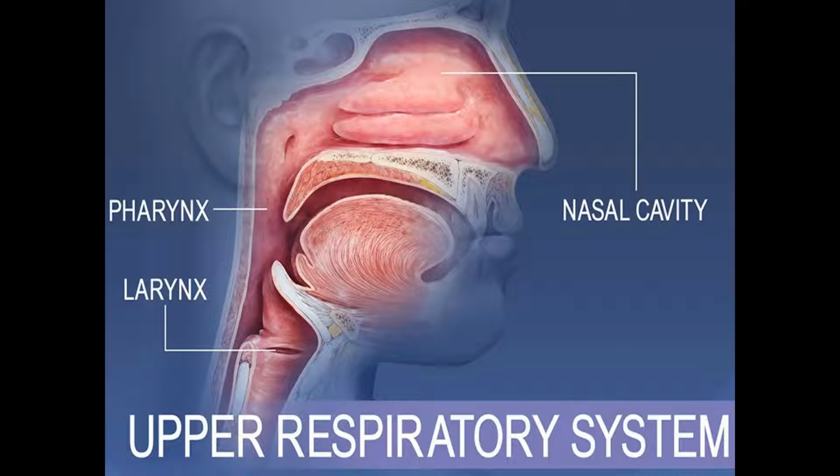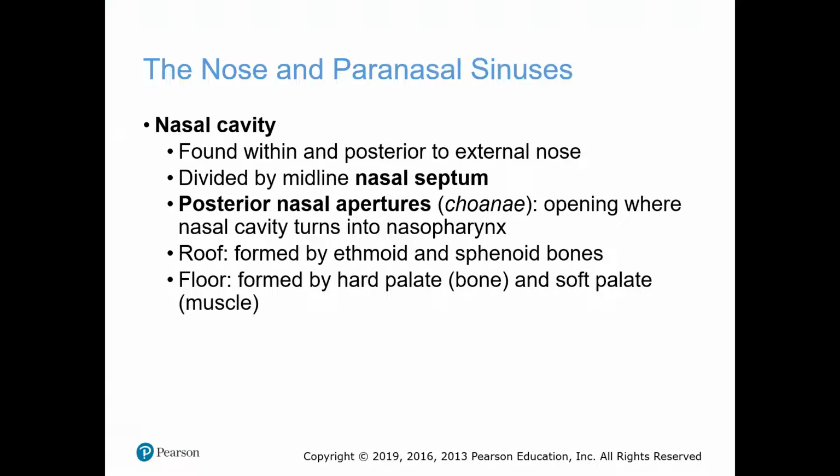Now that whole cavity is also lined, except where we have the olfactory epithelial cells, with pseudostratified ciliated columnar epithelium, because the mucus that traps the crud has to be brought down to the stomach to be destroyed. So, okay.